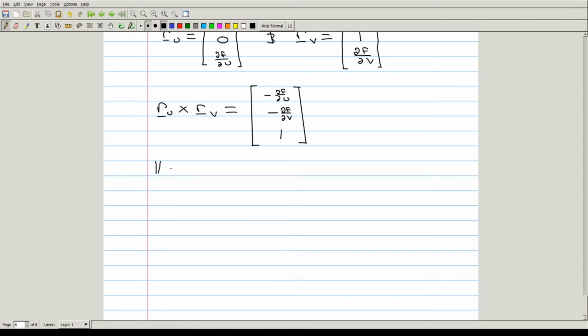So the magnitude of r u cross r v is going to be equal to the square root of 1 squared plus df du squared plus df dv squared.